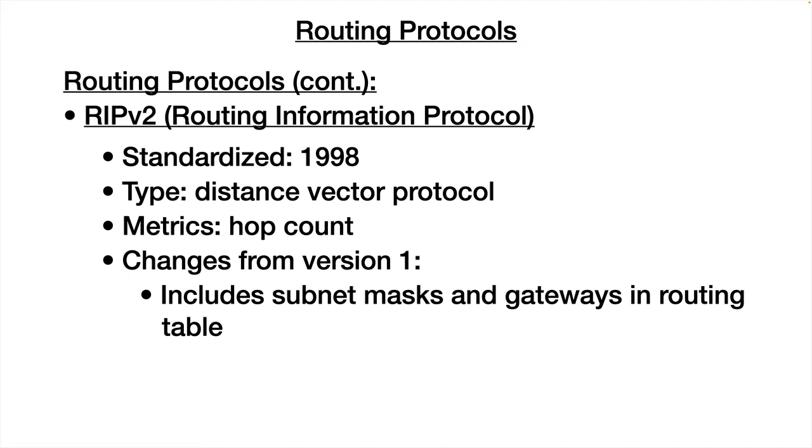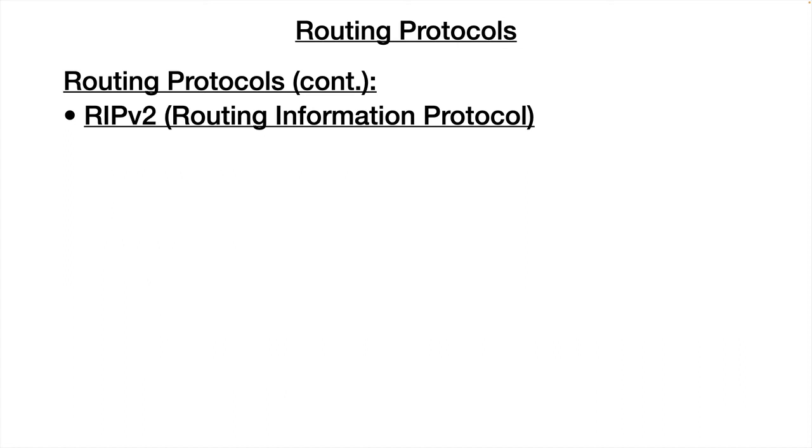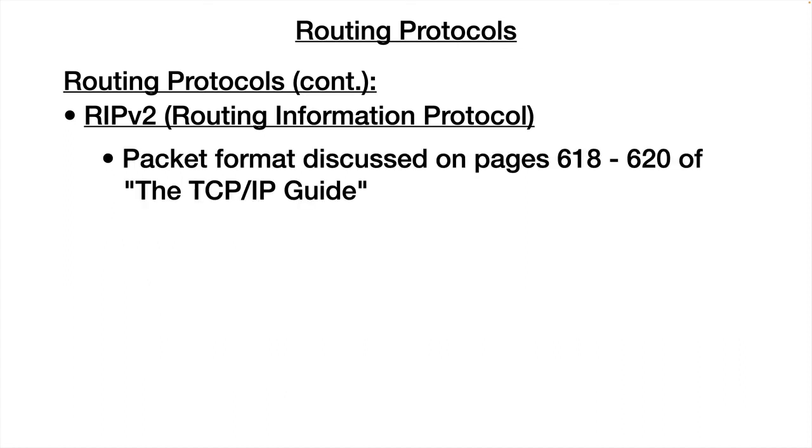They actually put subnet mask and gateways in the routing table to make it more efficient. And instead of broadcasting, they switched to using multicasting to send out the routing updates. The packet format is discussed on pages 618 to 620 of your main textbook.